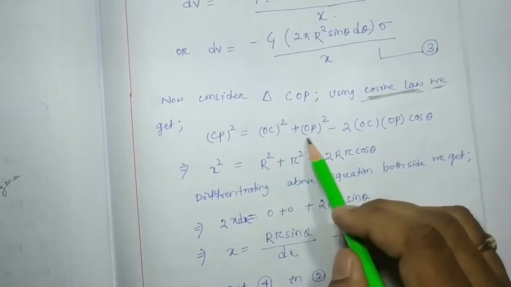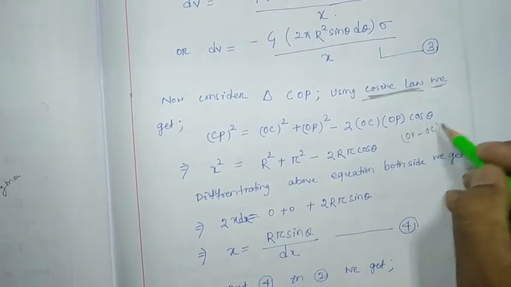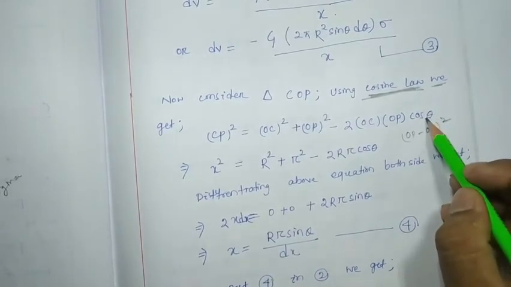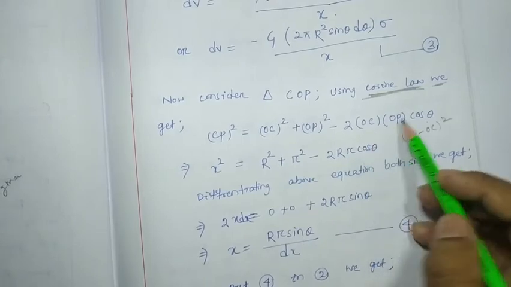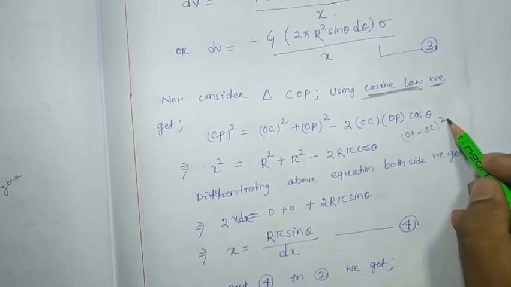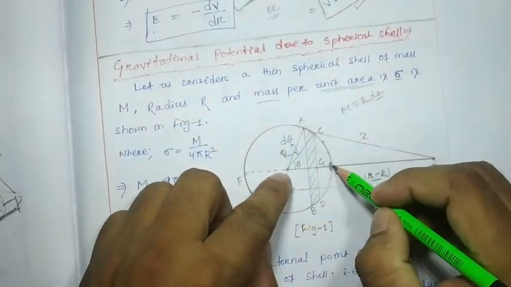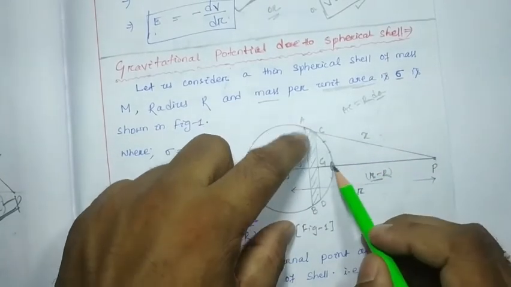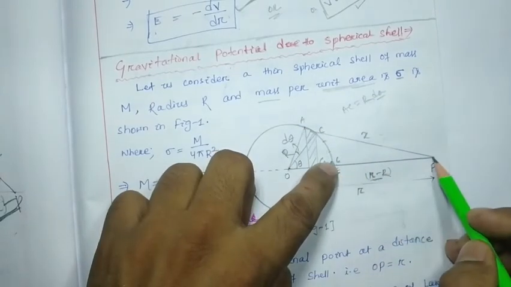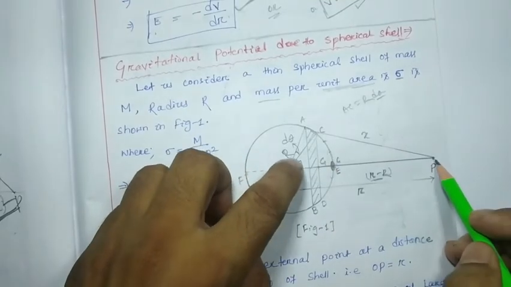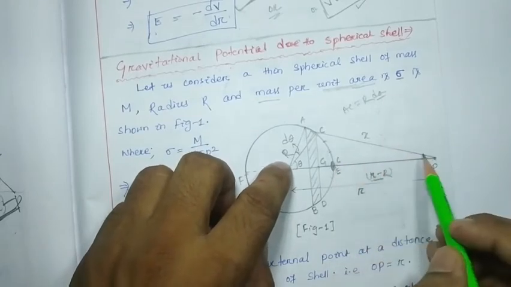So it will be OC square plus OP square minus 2 OC into OP, which is nothing but OP minus OC whole square. If C comes over here, that means theta equals 0, and CP square will be nothing but OP minus OC whole square.